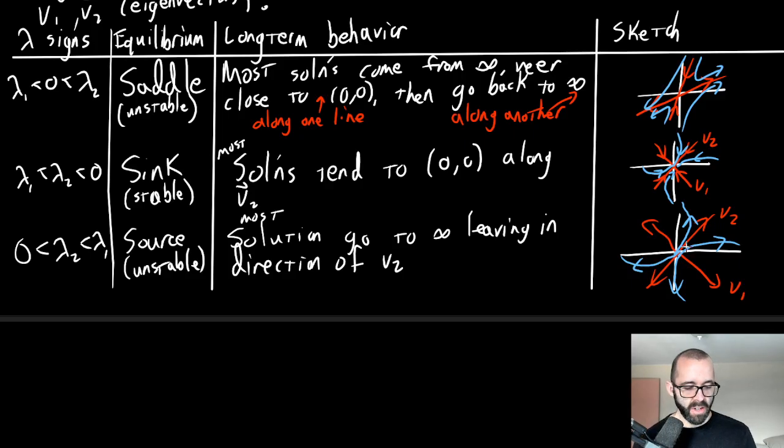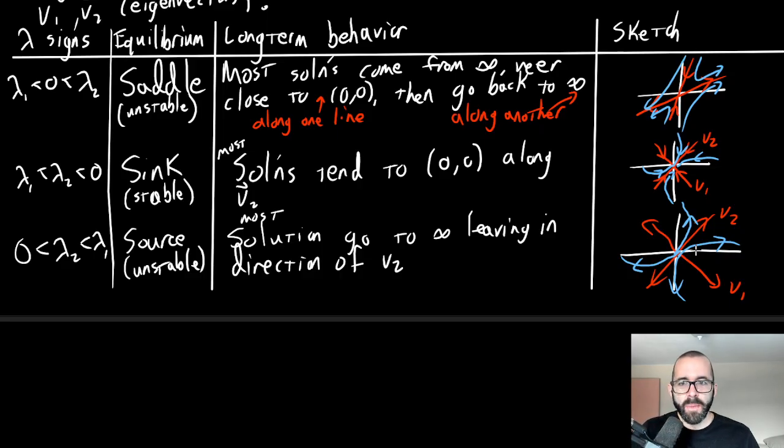And specifically the way that you're getting away from the origin, you're approaching along V2. Because V1 is growing much faster, so the V1 component will grow much faster in the long run. But when you're close to 0, it'll be the opposite. So that's pretty much what we have.